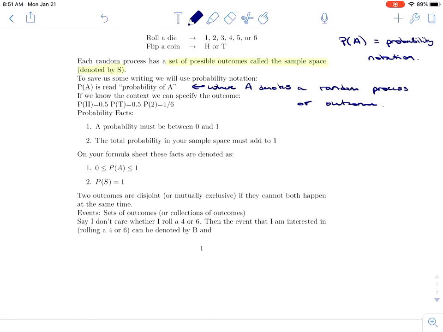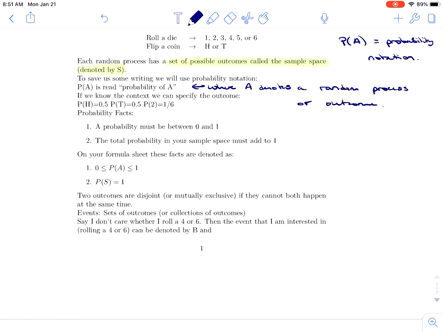Just some terminology. 2 outcomes are disjoint, or we could say mutually exclusive, whichever you'd like. You've probably heard the term mutually exclusive, and I think when we're talking, we would say mutually exclusive, but disjoint means the same thing.